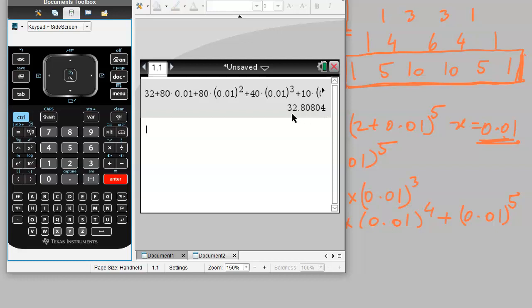So we can take it to be 32.8 approximately.